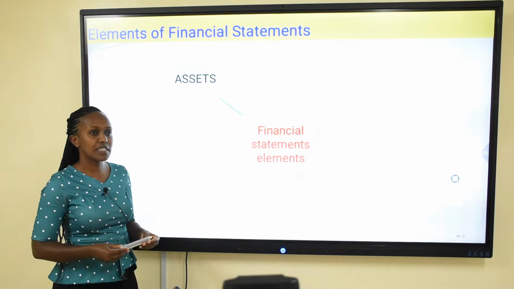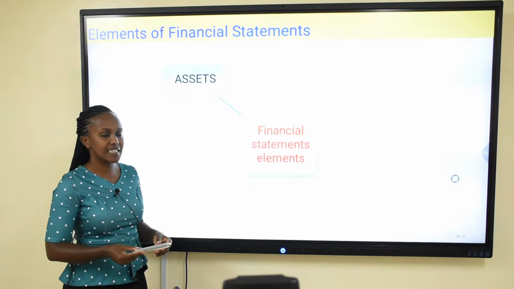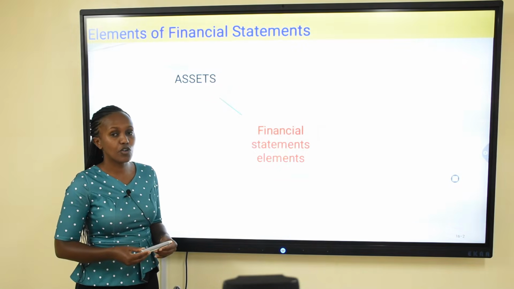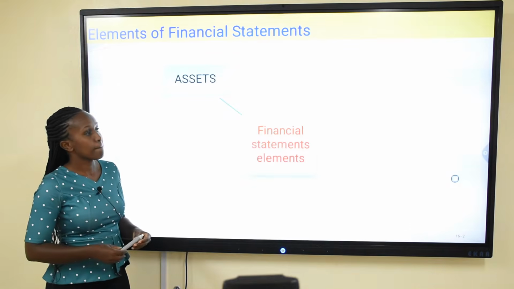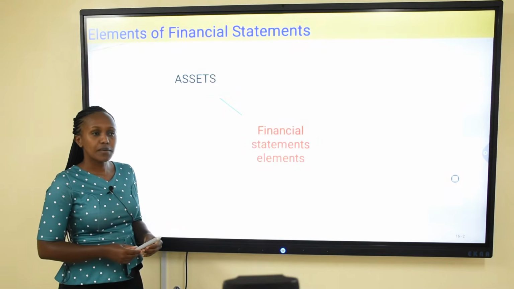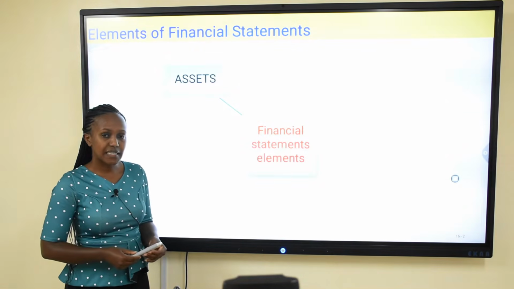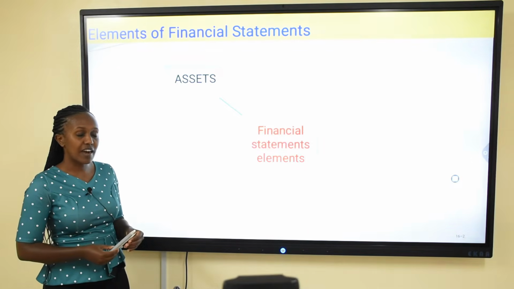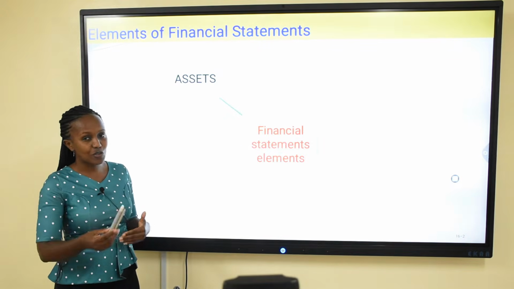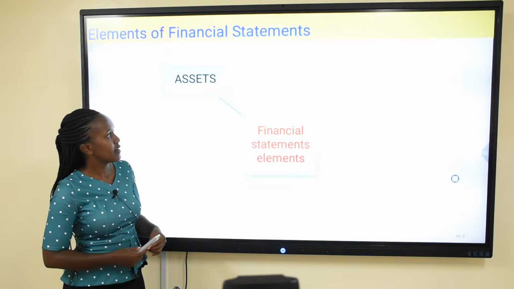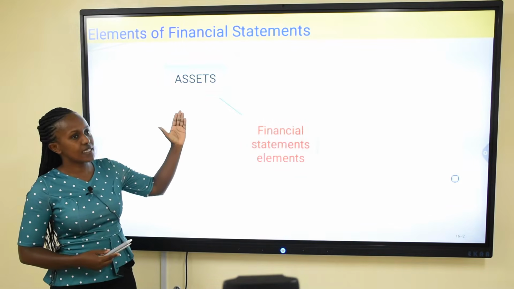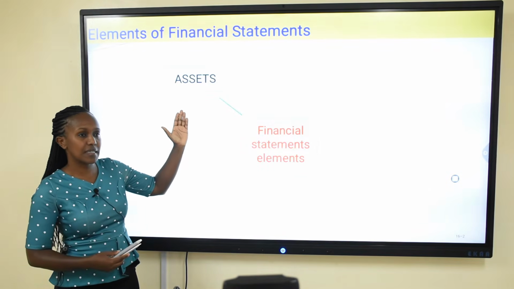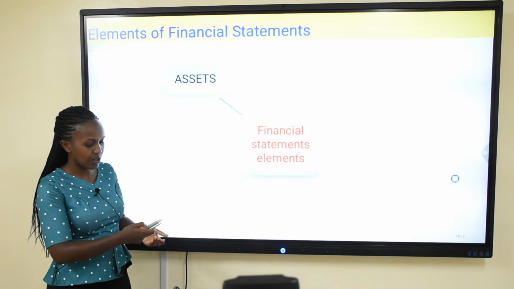They also include debtors, or what we also call trade receivables. It also includes prepaid expenses. They are also part of the current assets. We are going to look further into what those are. So we have to understand which elements represent assets in the organization.